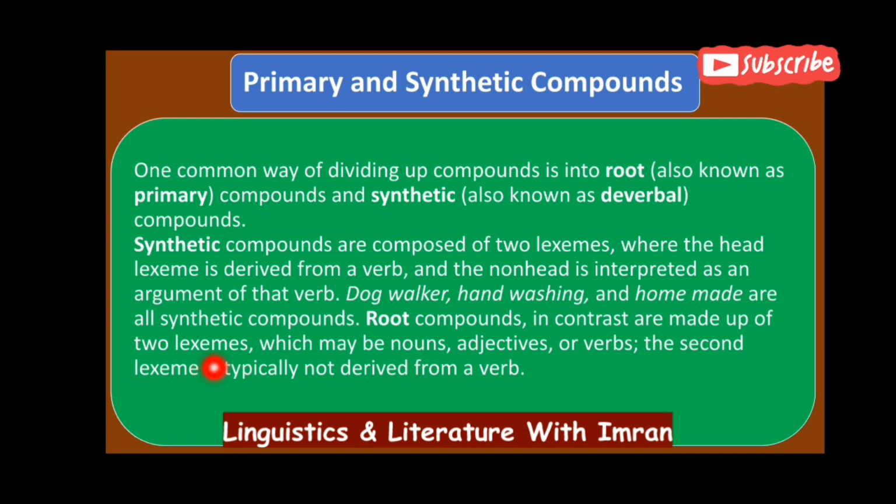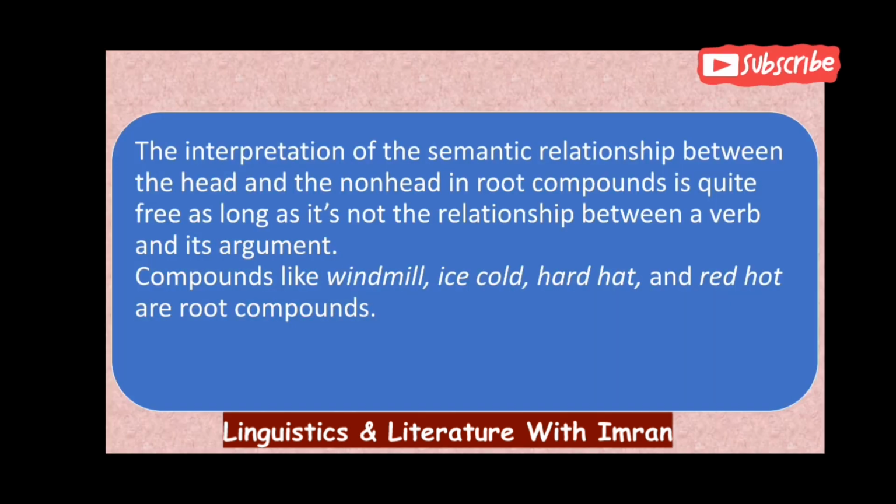The second lexeme is typically not derived from a verb. The interpretation of the semantic relationship between the head and the non-head in a root compound is quite free, as long as it is not the relationship between a verb and its argument.